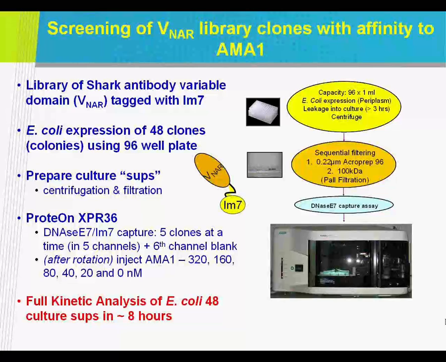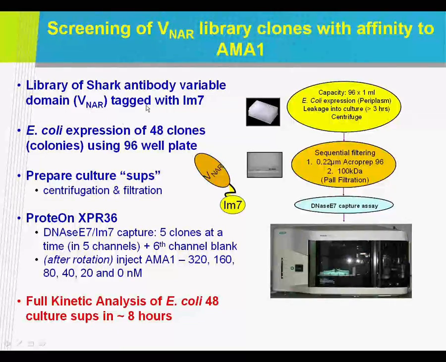So the concept of expression here, I should have said that before, but the idea is that these antibody fragments are expressed into bacteria. The fact is that after a while you get a leakage into the culture supernatant. So if you express overnight, generally you've got quite a bit of your antibody fragment in E. coli. And the only thing that we started doing here at this point was filtering our culture supernatants to remove material from our samples that were affecting our SPR.